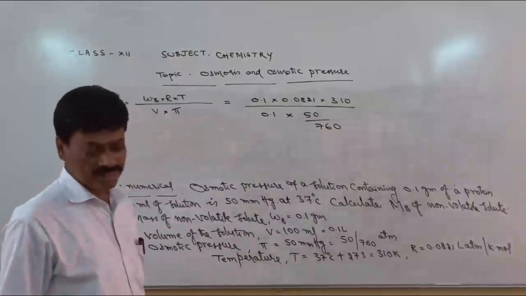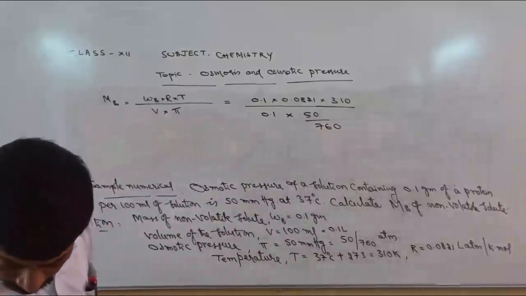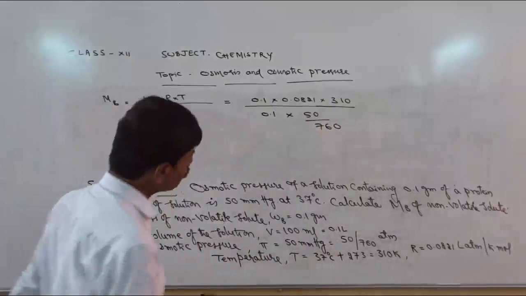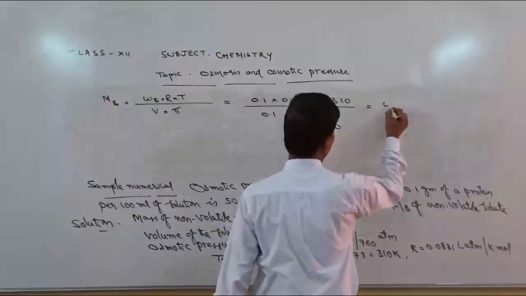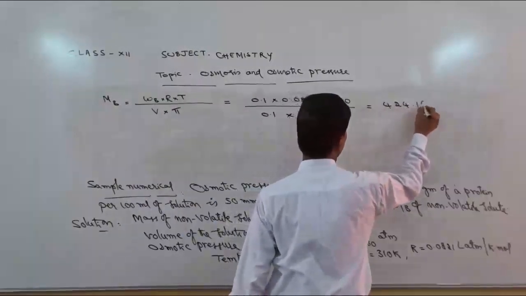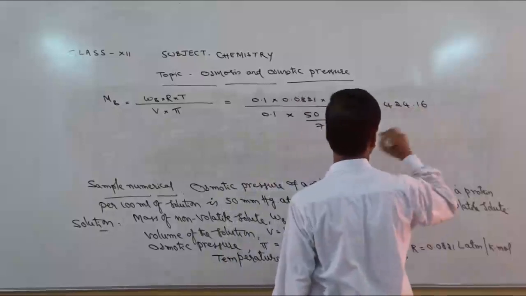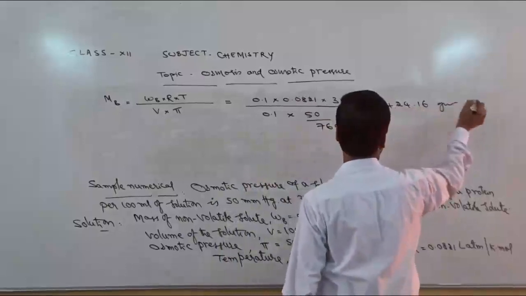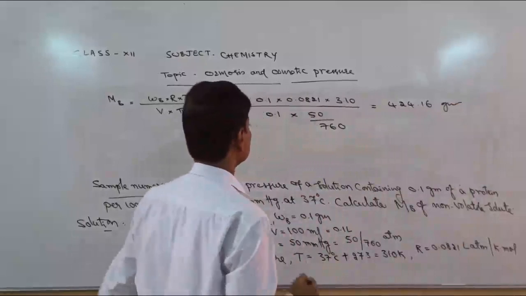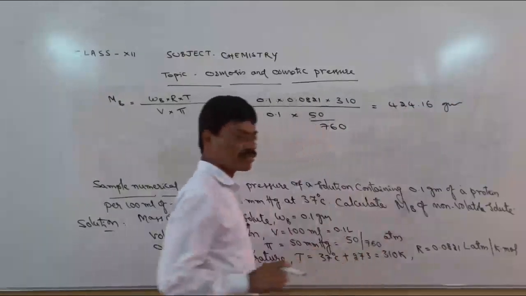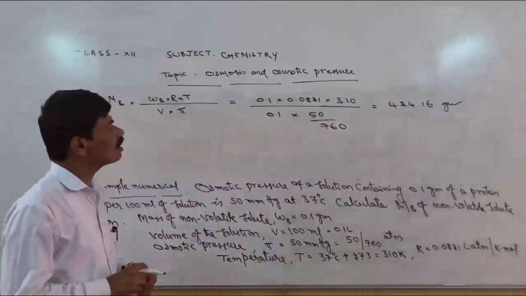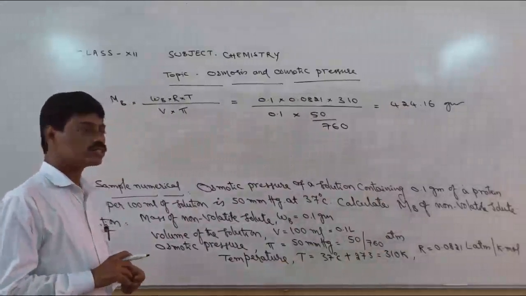So values are substituted and you will get the answer 424.16 grams. This is the final answer with unit. So this will get half mark. So in that way, half into 4.